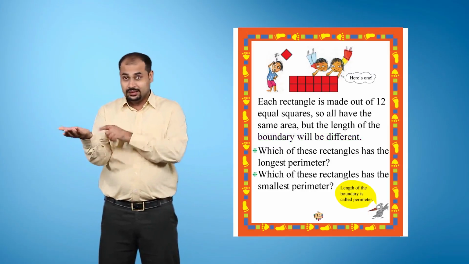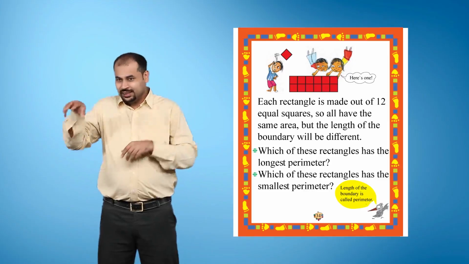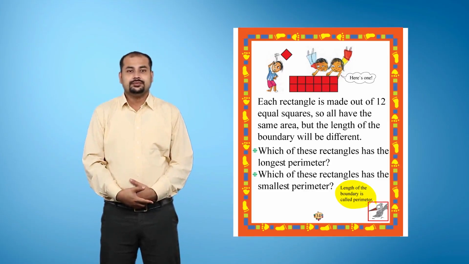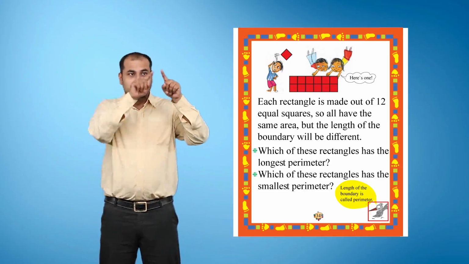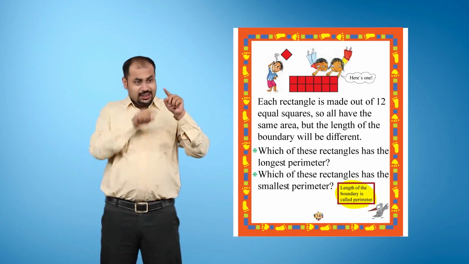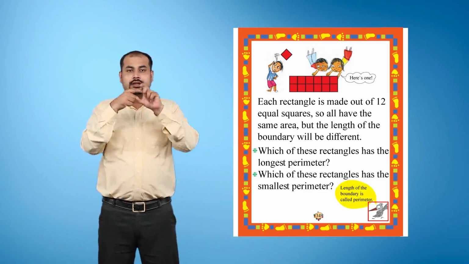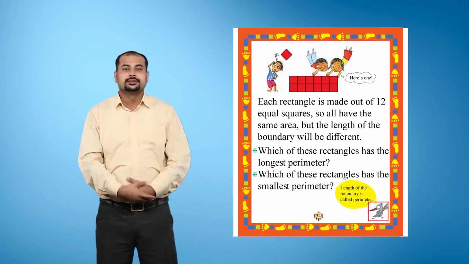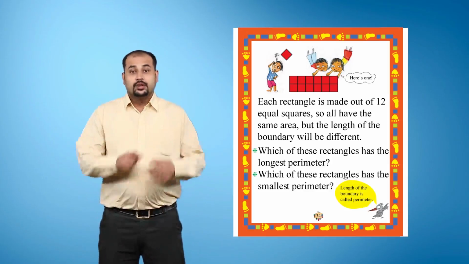On the right side towards the bottom of the page, we see the picture of a bird. The bird is telling us the length of the boundary is called perimeter. Questions.